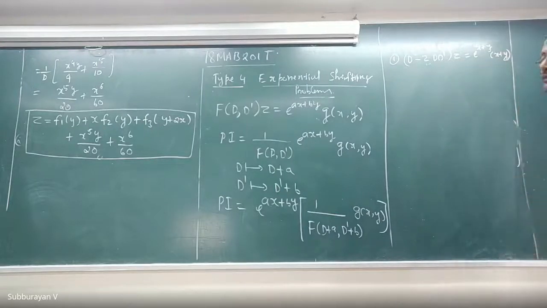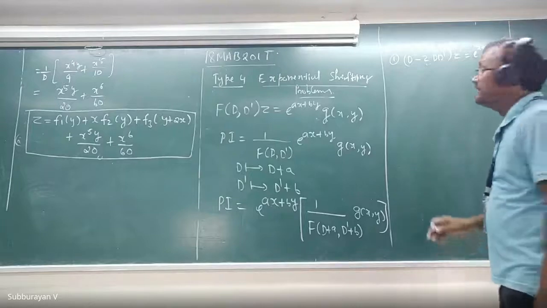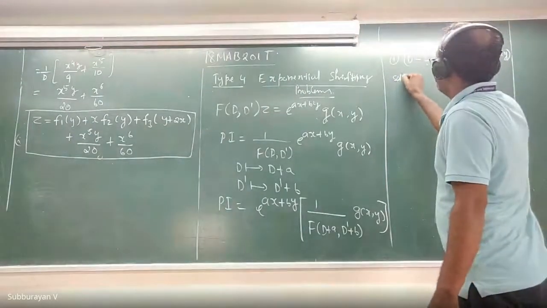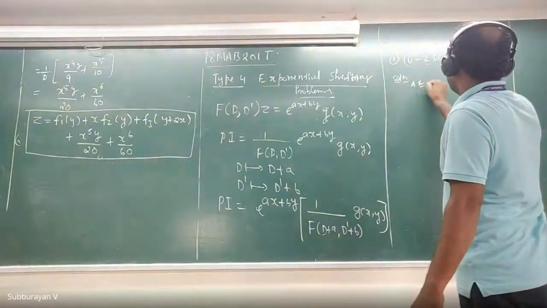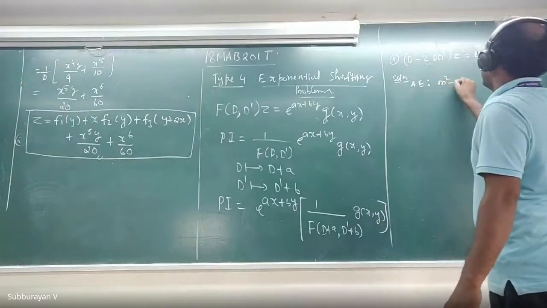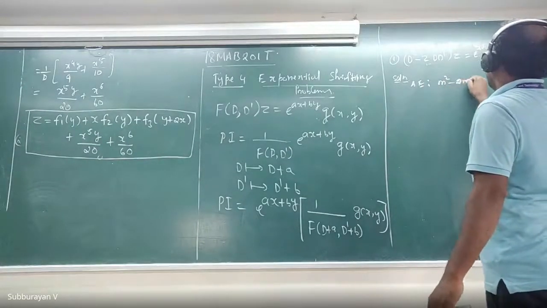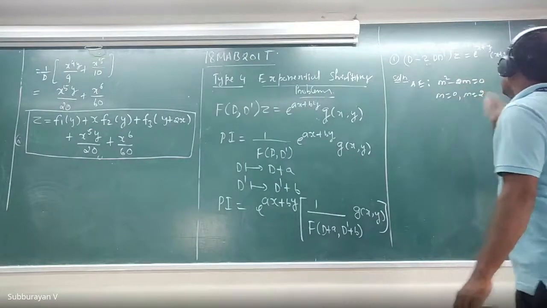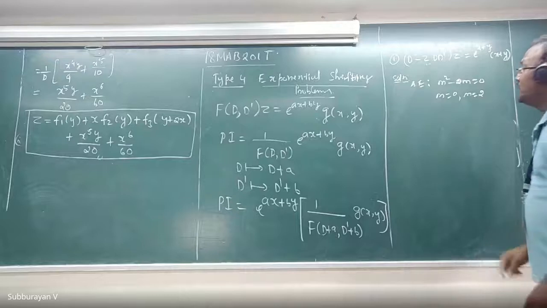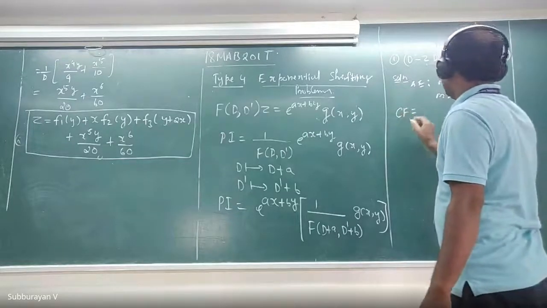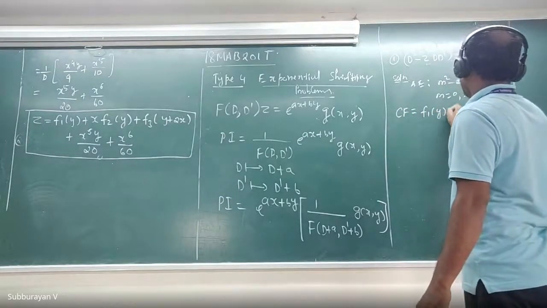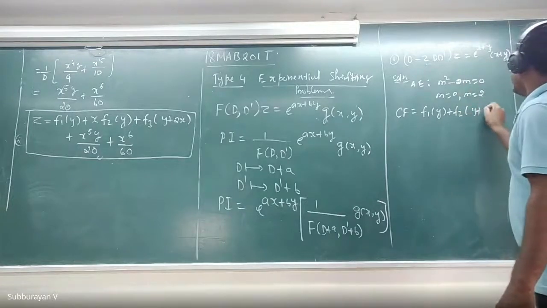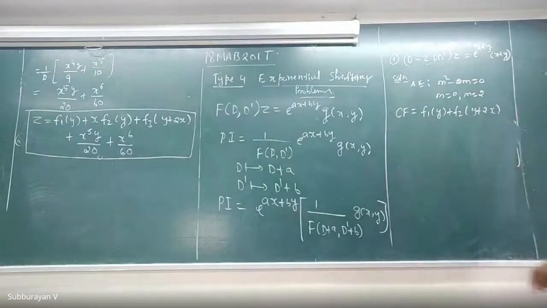Therefore, this is an exponential shifting problem. Solution. What is the auxiliary equation? Auxiliary equation is m square minus 2m equal to 0. Therefore, m equal to 0 and m equal to 2. Fine. Therefore, your CF is f1 of y plus f2 of y plus 2x.